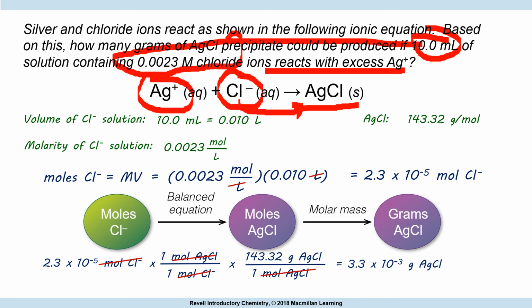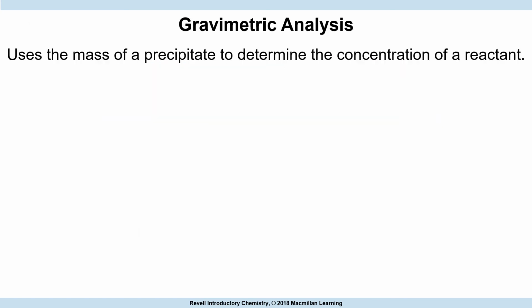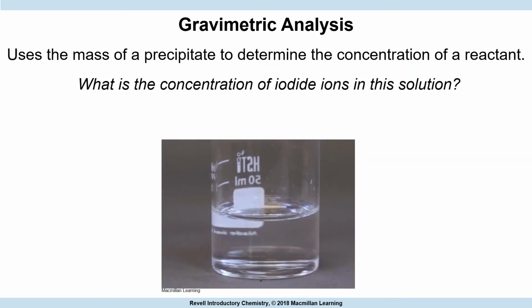And we will come up with that many grams of silver chloride formed from this amount of the chloride ions. So this is a good example. I will not ask you anything more complicated than something like this. The next example is a little more complicated, interesting to look at.